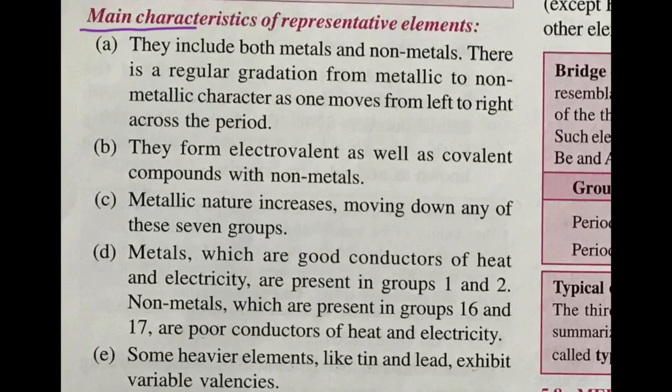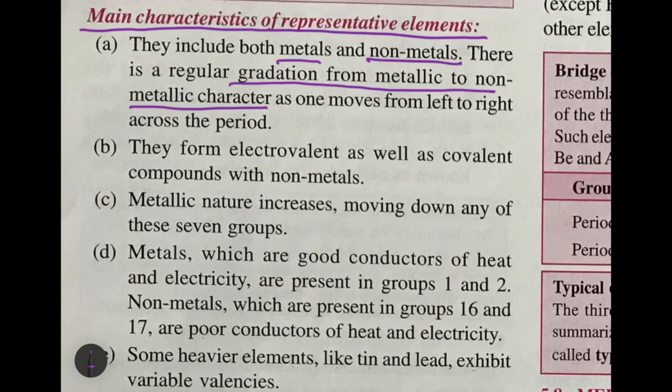The main characteristics of representative elements: they are both metals and non-metals. And there is a regular gradation from metallic to non-metallic character as one moves from left to right across a period. So in the beginning, you'll see metals, and as you move towards the end of the periodic table, you'll see non-metals.